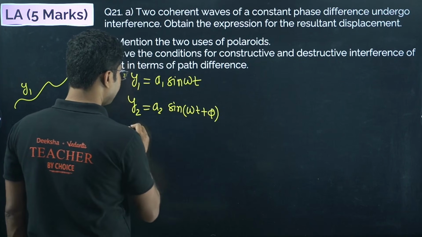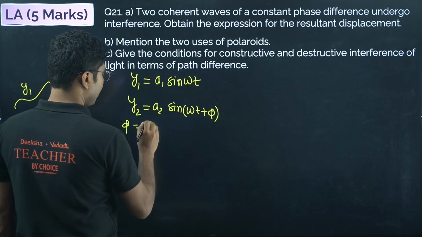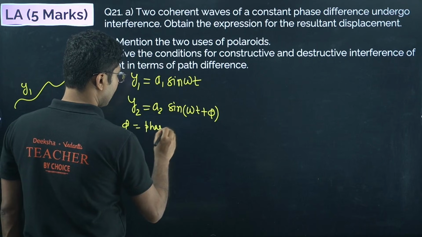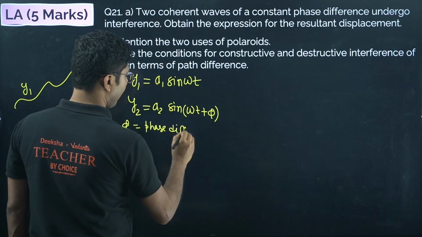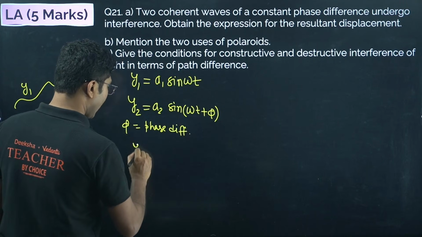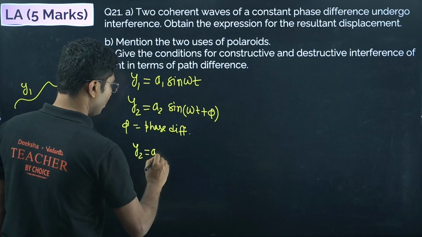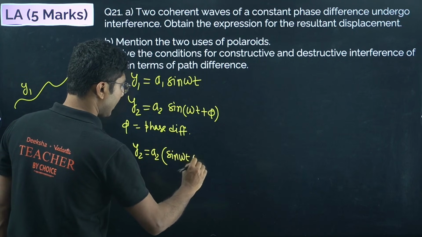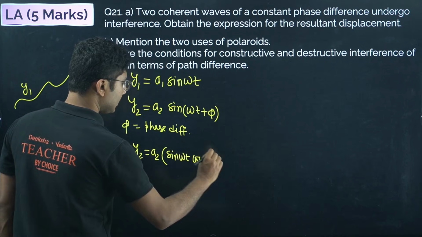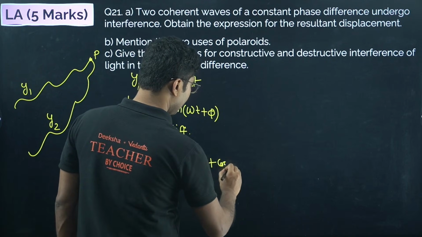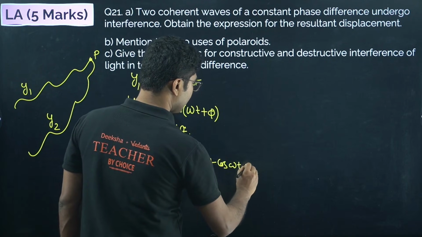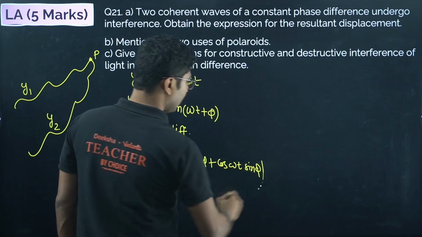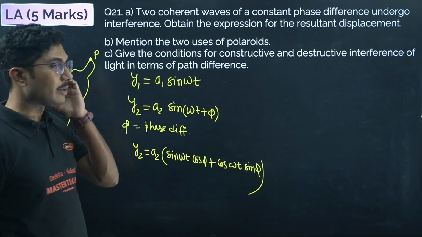What is phi? Phi is the phase difference. Or y2 can be written as A2 (sin omega t cos phi plus cos omega t sin phi), using the sin(A plus B) formula, we have broken it.